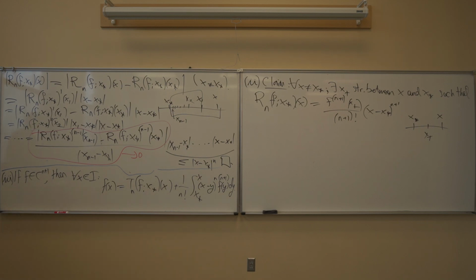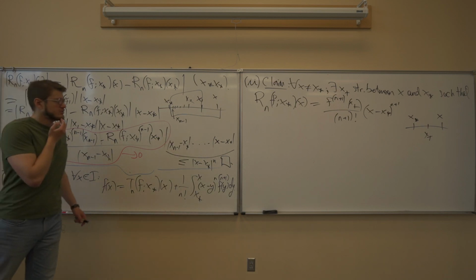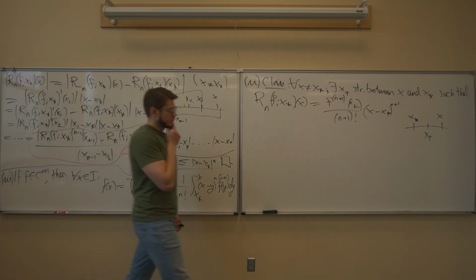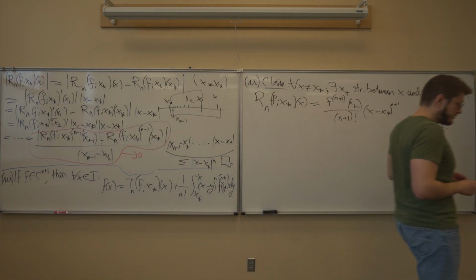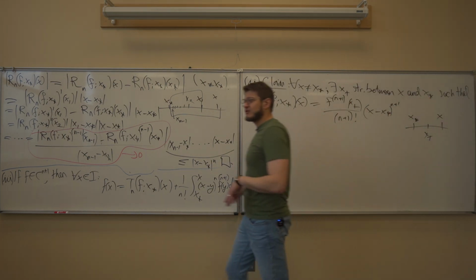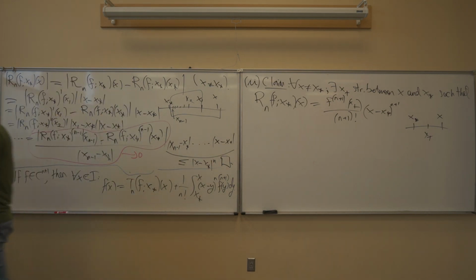So how can I try to come up with this x dagger? Any guesses? Any strategies that I can try using? There was one thing that I suggested that you always think about whenever you're given 2 points and you're trying to find a point that is strictly between them.